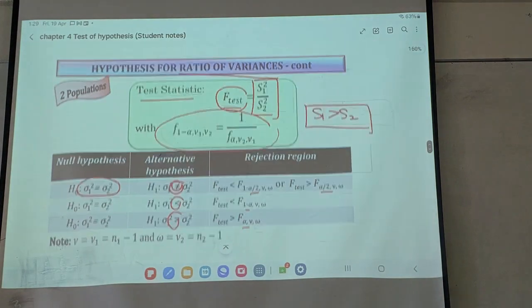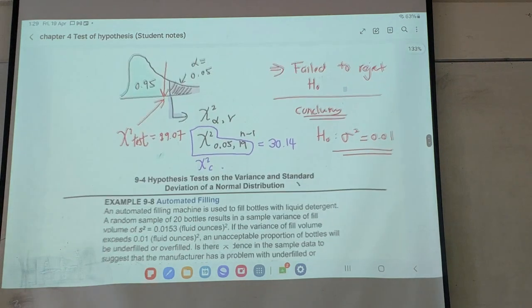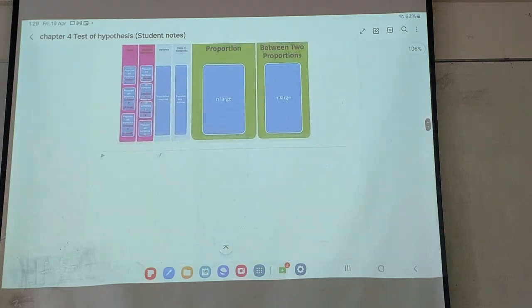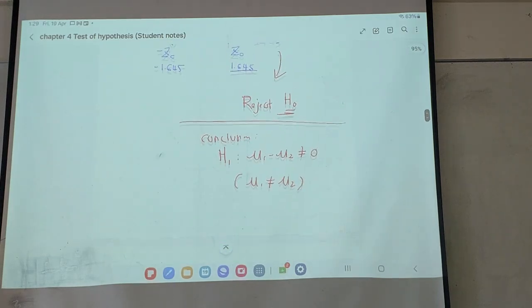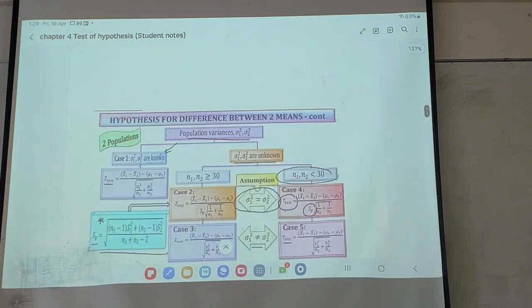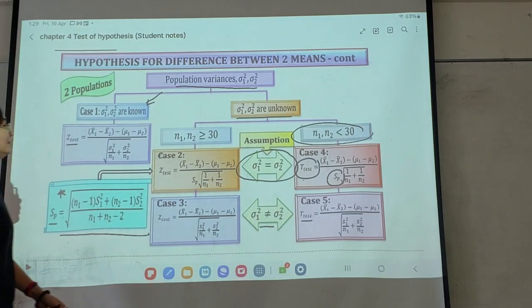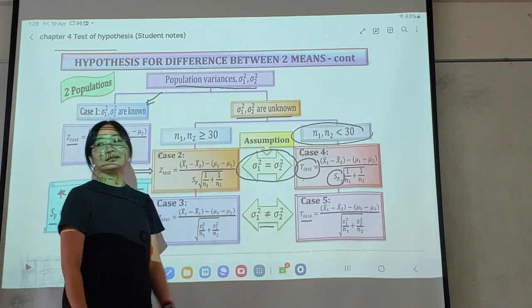From the notes, you remember that there are 5 different cases, and this is one of them. That is why they make the assumption that the population variances are the same, which means either this or this only.